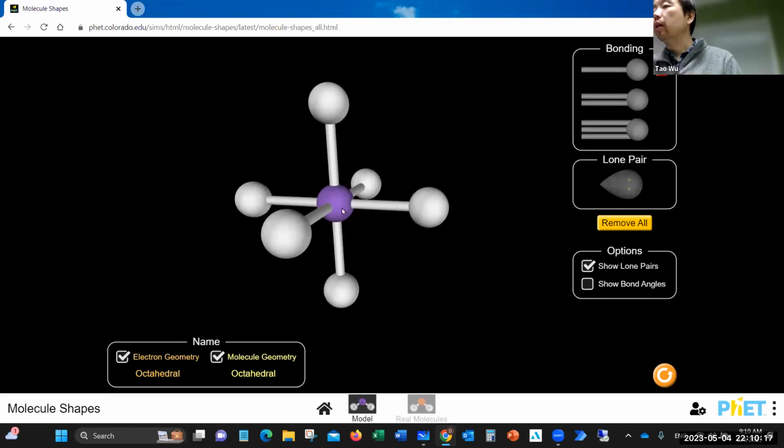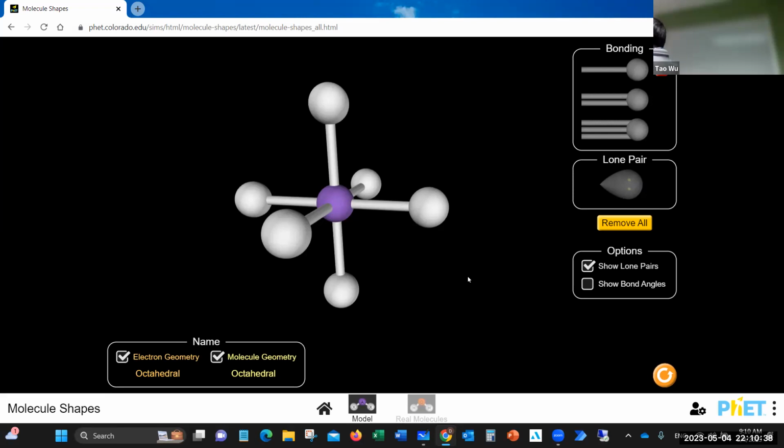If you have 6, then this is the maximum shape. You will see this is also 2 pyramids, but each is a 4-sided pyramid. One goes on top, one goes down. So generally, this is what we call octahedral. Octa means 8, hedral means face.